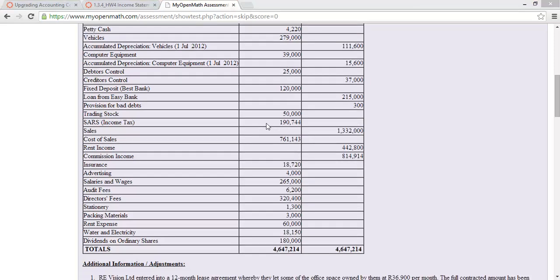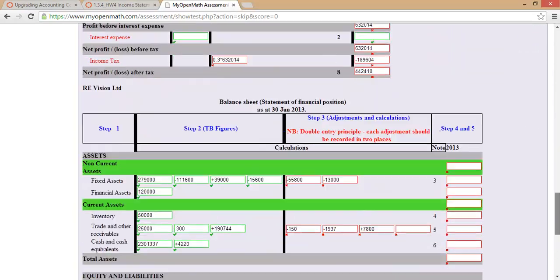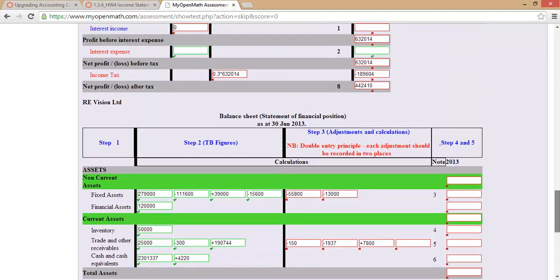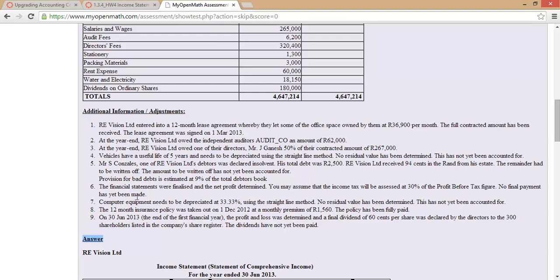And in this case, the SARS account was recorded against the trade and other receivables account. The reason for that is that SARS was a debit balance, which means they actually owe us money. Right. However, they only owed us money because the final tax had not yet been determined.